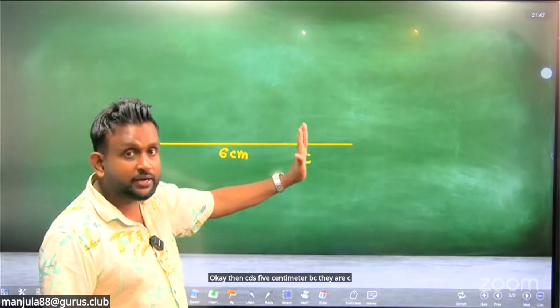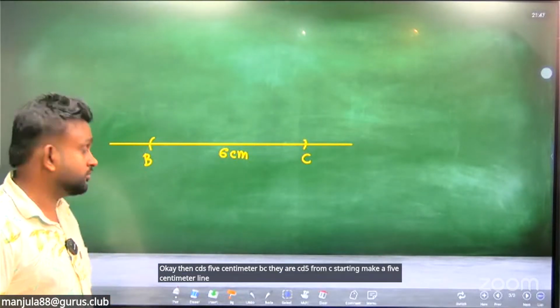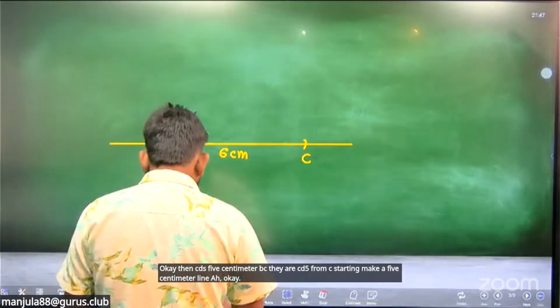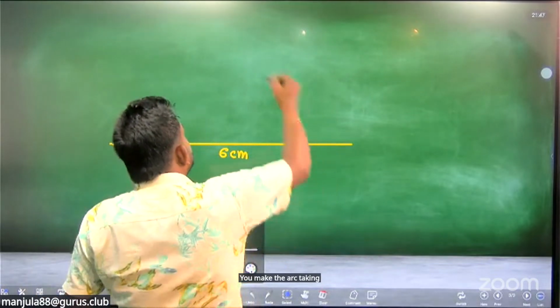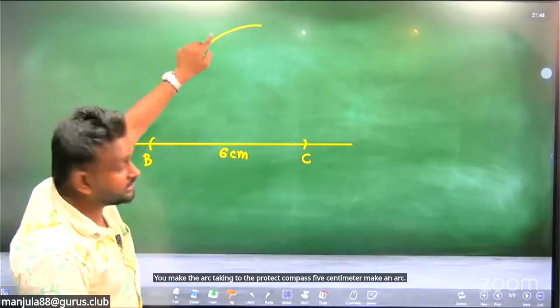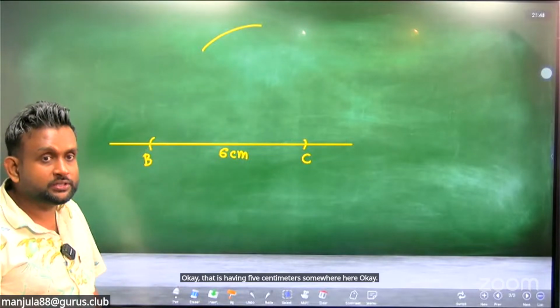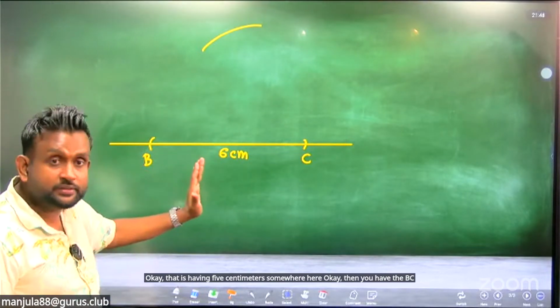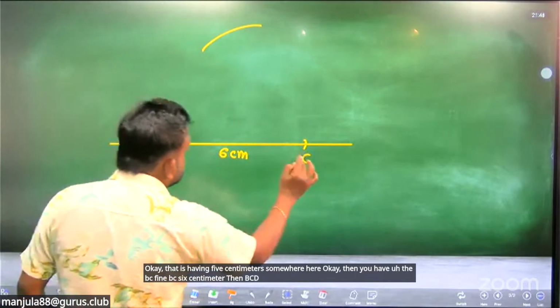From C, taking the compass at 5 centimeters, make an arc somewhere here. Then you have BC 6 centimeters, and angle BCD 60 degrees.